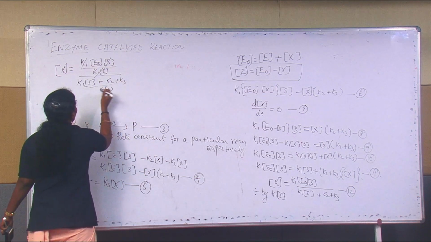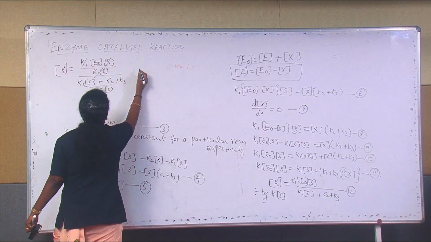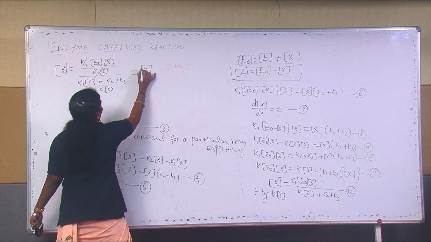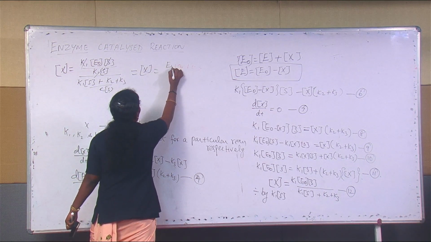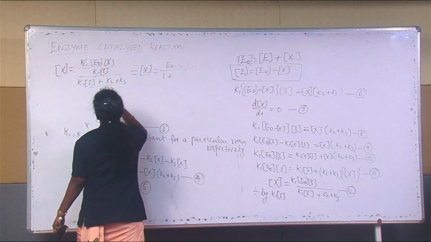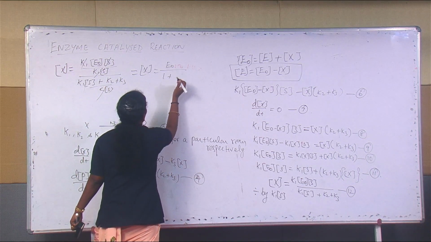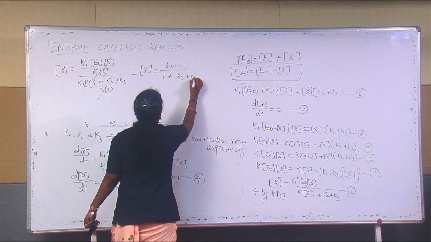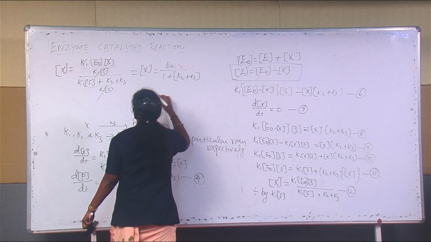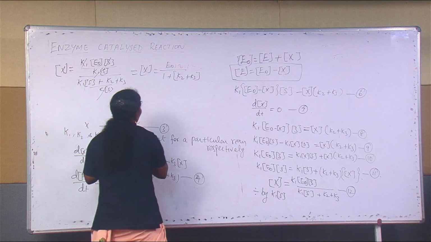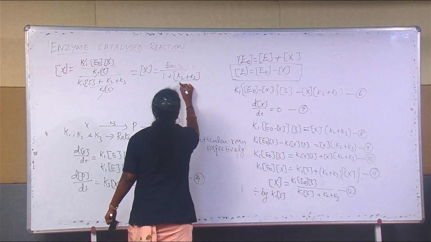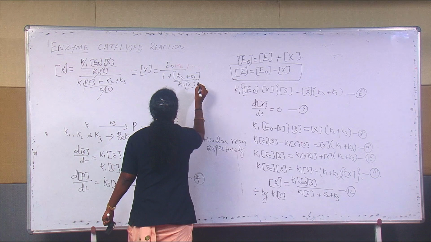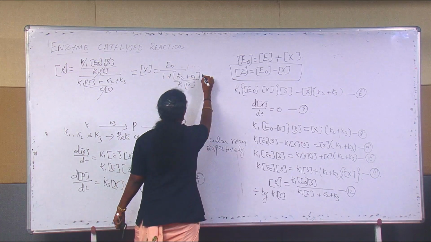So we are getting X equal to E0 divided by 1 plus, this one cancels, 1 plus K2 plus K3 by K1S. So this is equation number 13.